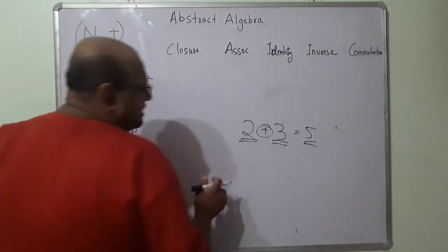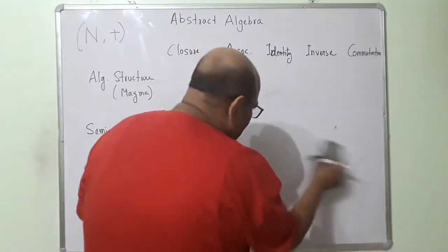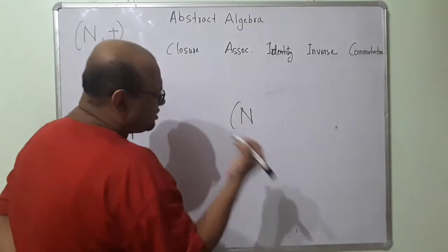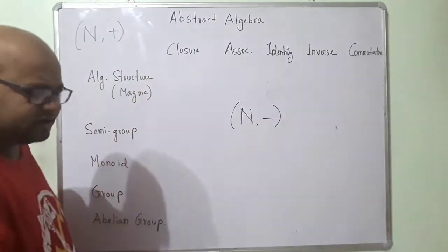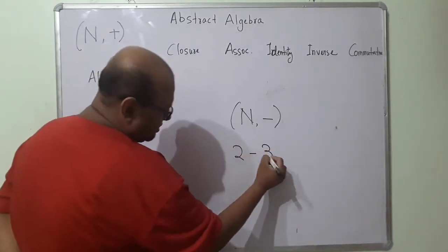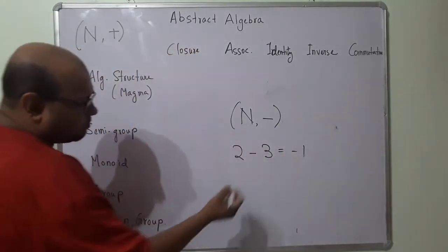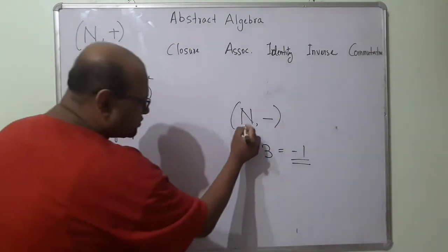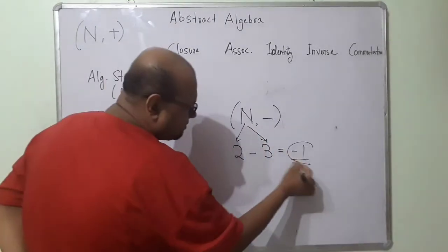Let us look at an example of something that is not closed. Say the set of natural numbers and the subtraction operation. Here I have 2 minus 3, which is minus 1. Now minus 1 does not belong to the set of natural numbers. 2 comes from the set of natural numbers, 3 comes from the set of natural numbers, but minus 1 does not.